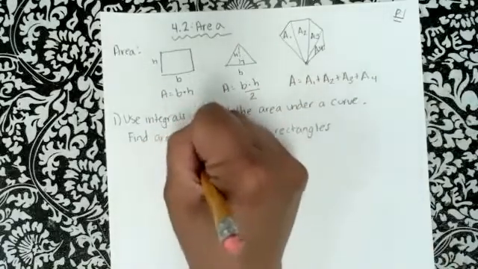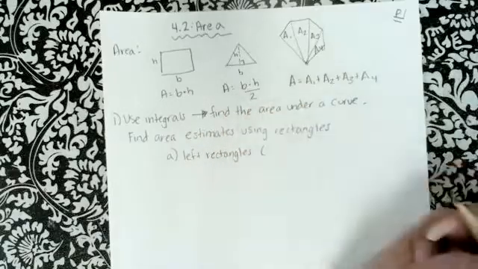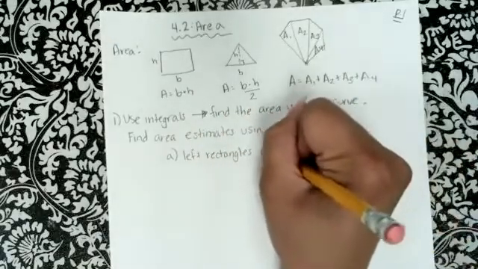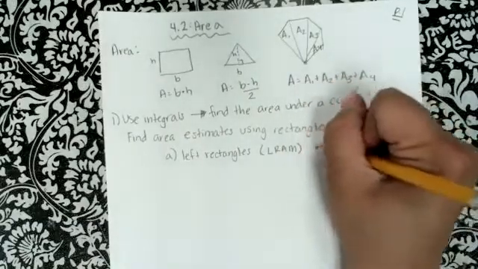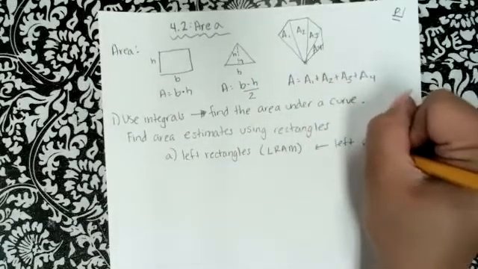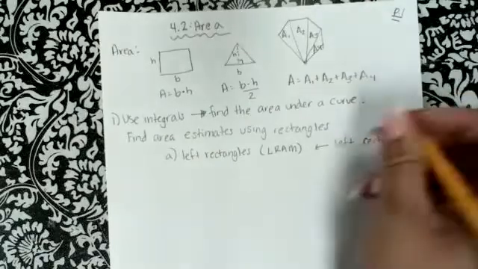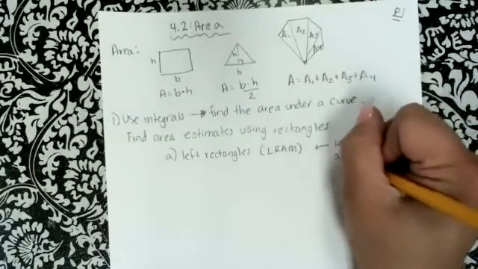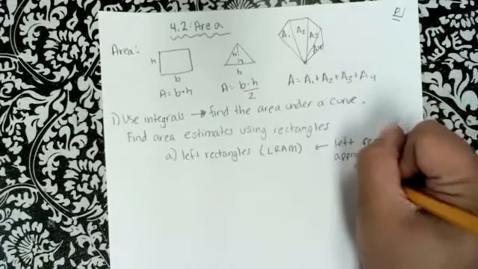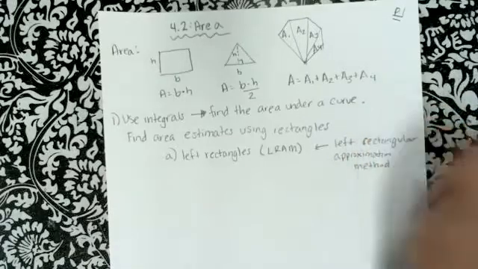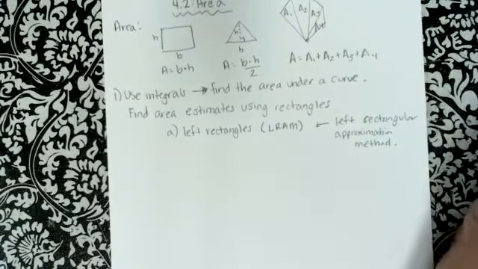If we are using left rectangles, that we're going to refer to as LRAM. This means that they are left rectangular approximation method. Meaning we'll be using the left-hand points and creating a rectangle with the left-hand points.